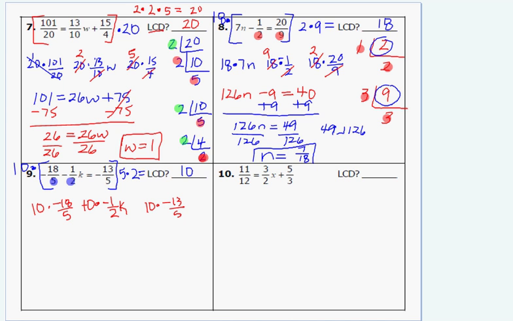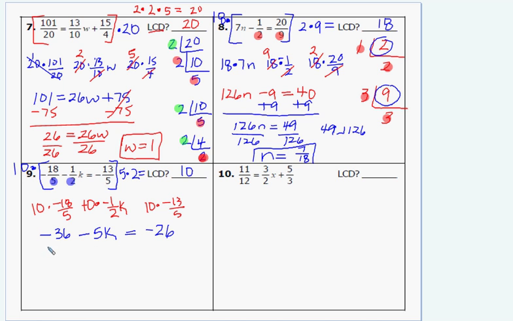And when we start to simplify, 10 times our negative 18 over 5 leaves us with negative 36. 10 times negative 1/2 k gives us minus 5k, and this is equal to negative 26. So now we're at a place where we can start solving our equations, trying to get the k by itself.